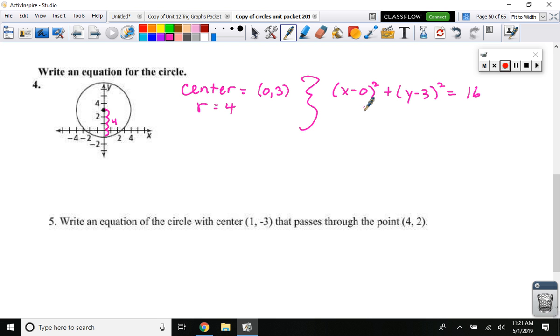This part. Just x squared, right? Plus y minus 3 squared equals 16. Good. Questions there? All good.